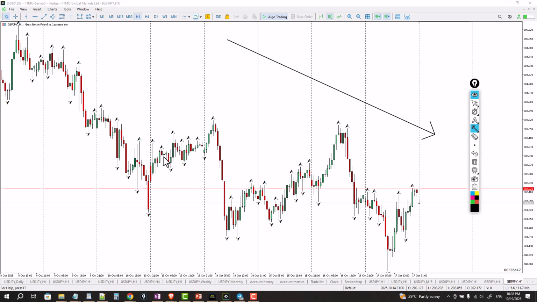So assuming I've done this analysis, the way I use fractals is, for example, after I see that a fractal has formed, like this example here, what is this fractal telling me? This is telling me that for a moment in time, price was moving up, and then all of a sudden it failed to continue moving up, and then it started moving down.